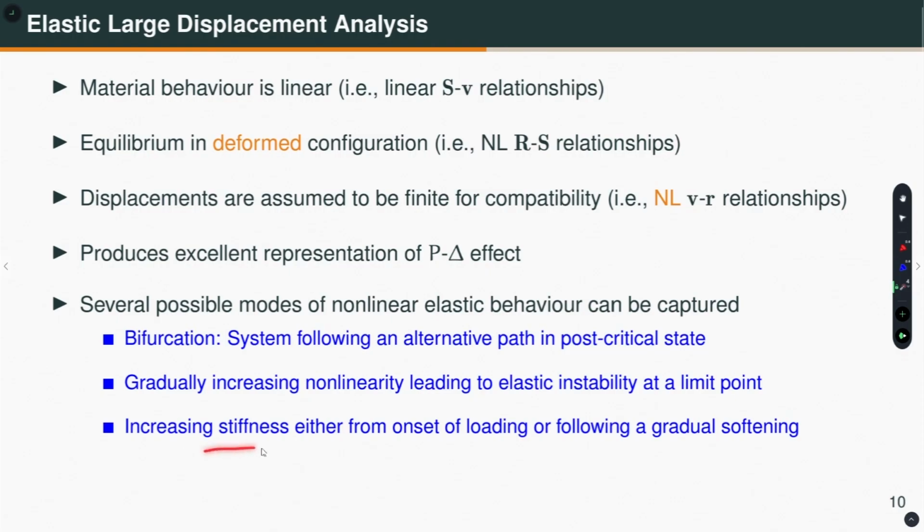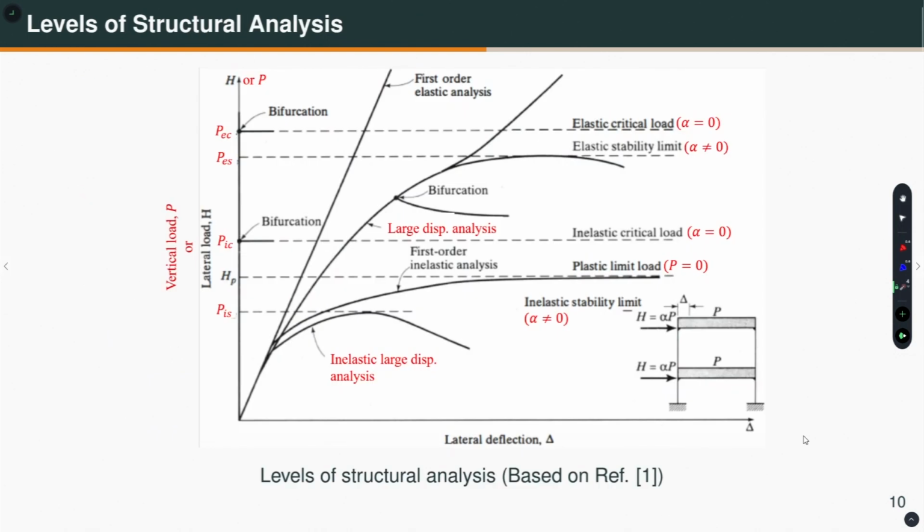We can also capture increasing stiffness either from onset of loading, just after I start loading the stiffness increases, or following a gradual softening. All these things can be captured through elastic large displacement analysis. So, what is the example? So, with reference to this figure, so the elastic large displacement analysis can go here, and this is the bifurcation. From here, this is the post buckling path, okay?